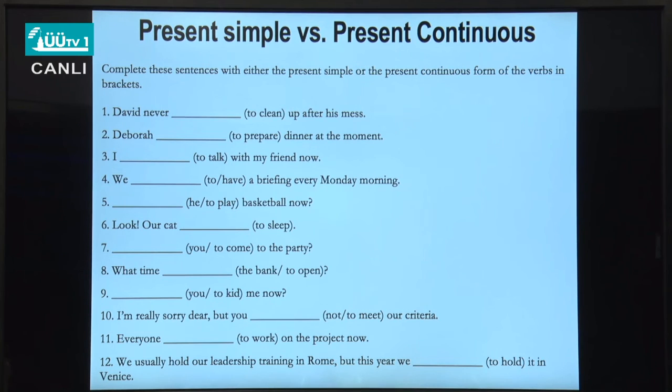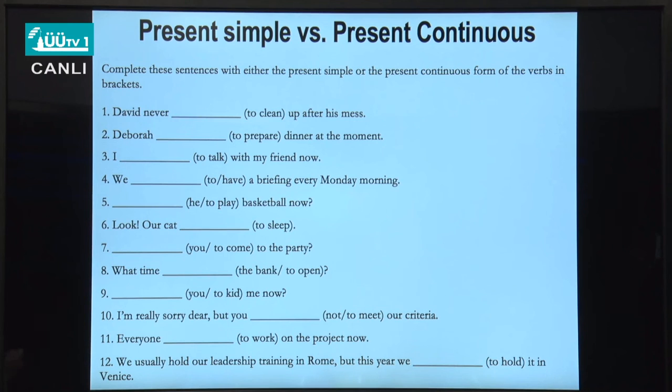I'm really sorry, dear, but you blank our criteria. This should be present simple tense because it's a general thing. It applies for now and for the time being, for the maybe near future and near past.